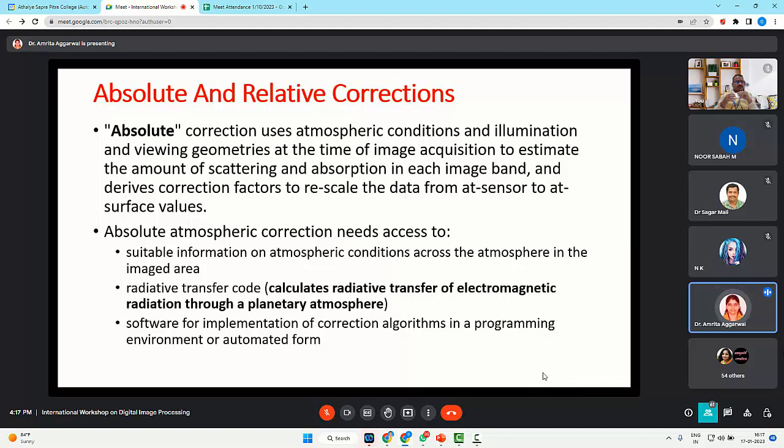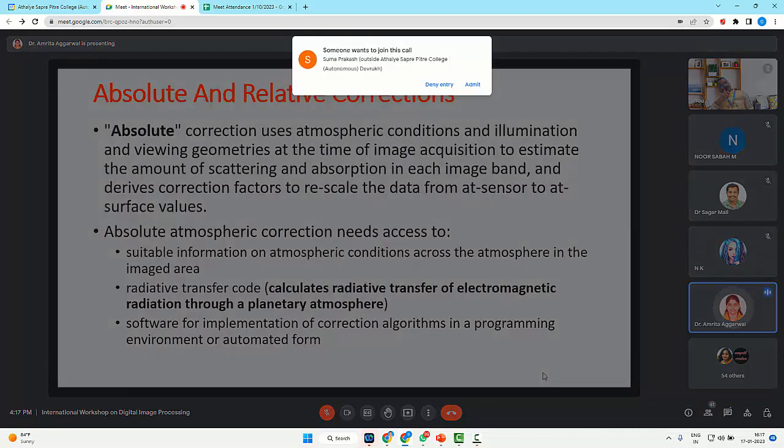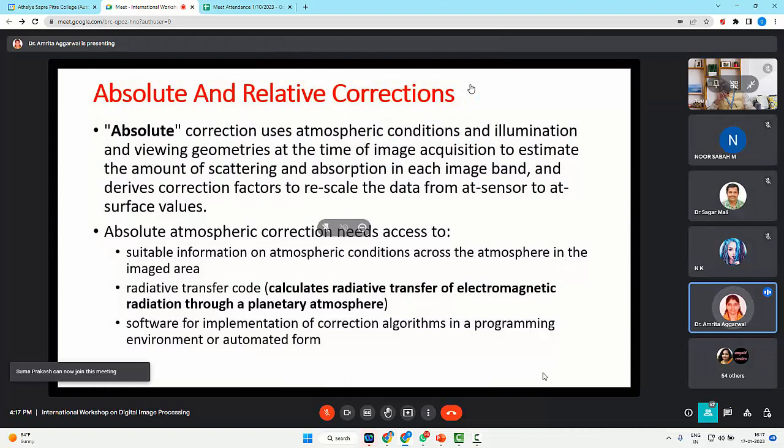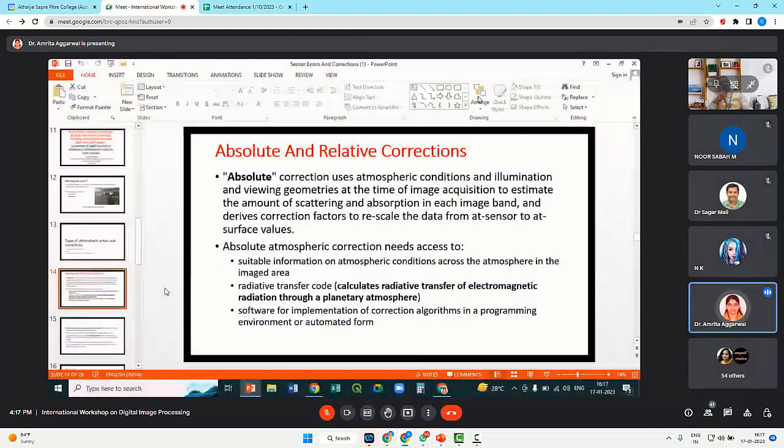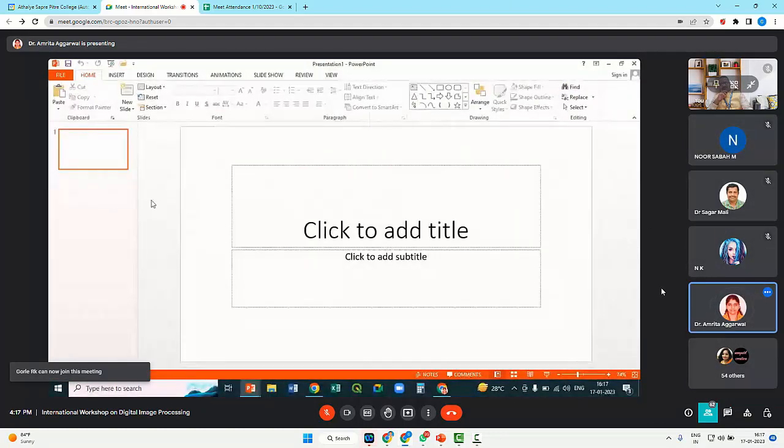If I want to take an imagery of Pune, for example, should the sensor be facing towards the leeward side or the windward side of the Western Ghats? Let me describe the example that I'm trying to quote here.